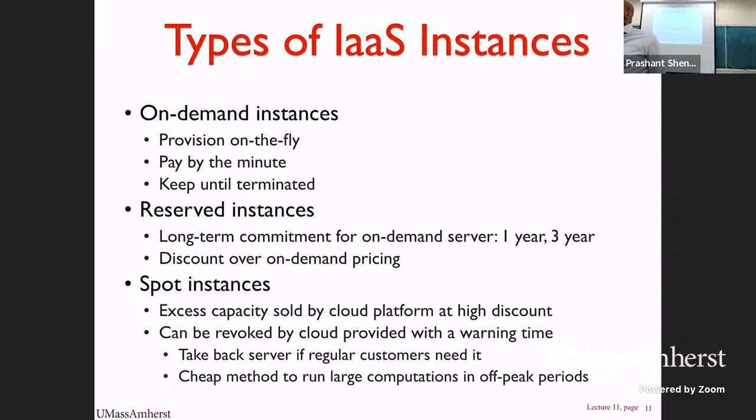So spot servers are given at a high discount, but they can be reclaimed when the demand for cloud resources comes back. On-demand servers and reserved servers are non-revocable. The cloud provider cannot take them back, because they're billing you for it. You get to keep it for as long as you want as a customer. Spot servers are given at a much higher discount, because it's excess capacity, but it can be revoked.